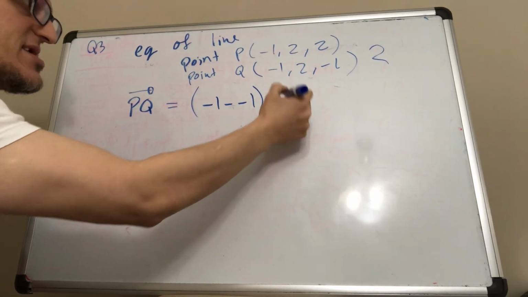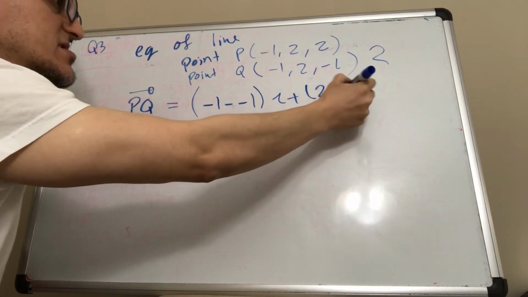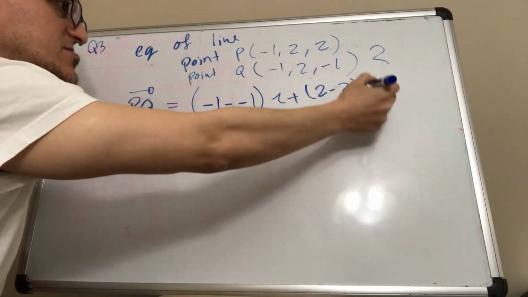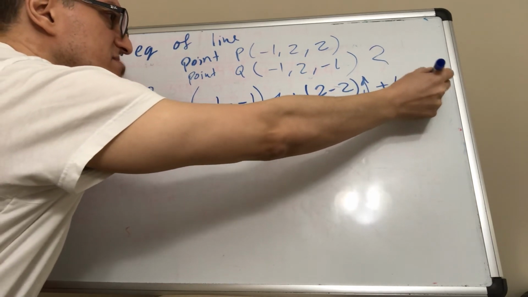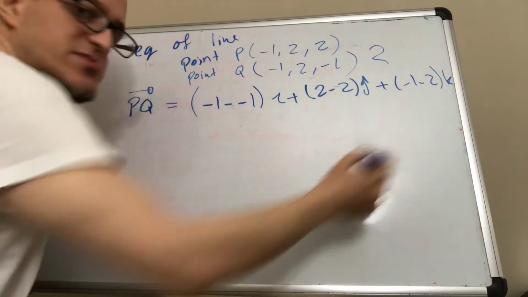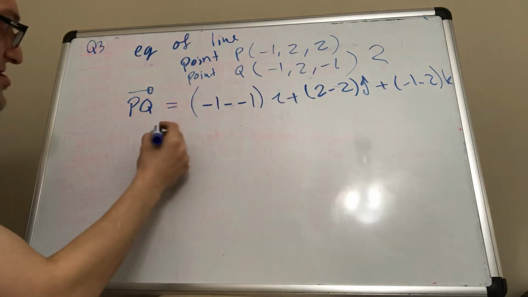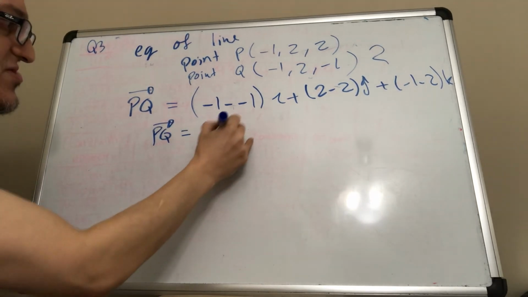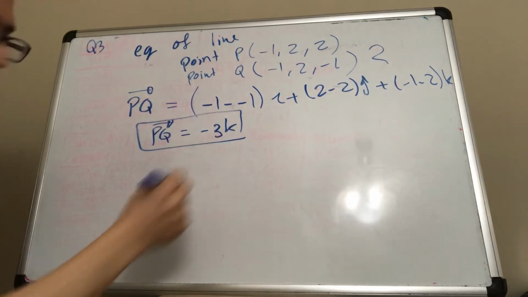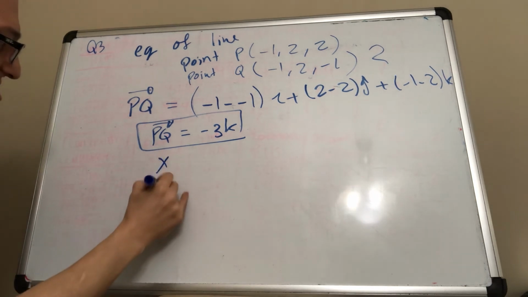This is in the I direction. And then you go 2 minus 2 in the J direction. And then you go -1 minus 2 in the K direction. This is 0, this is 0, so your PQ would be -3K. Now, once you have the vector, you can simply write the equation of the line.